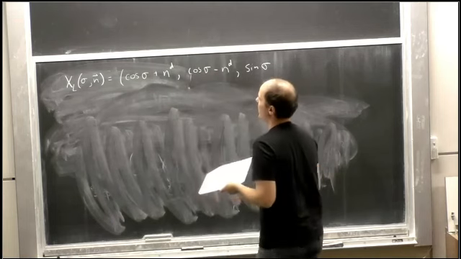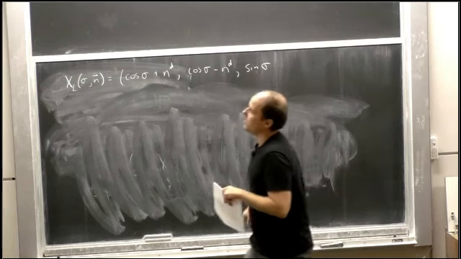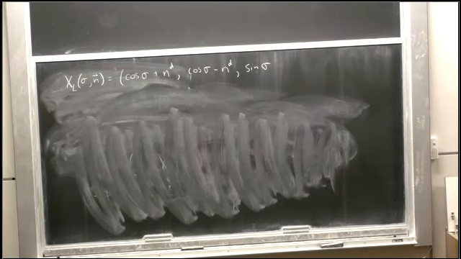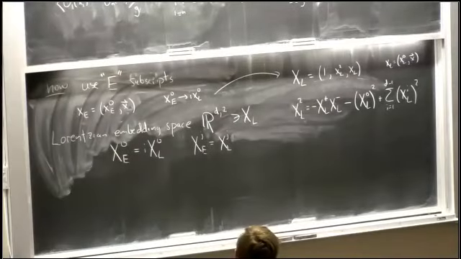Now, when we plug in eta equals i times sigma, we actually get i sine sigma, but that's equal to x Euclidean 0, and x Euclidean 0 is equal to i x Lorentzian 0, so x Lorentzian 0 is just sine sigma.